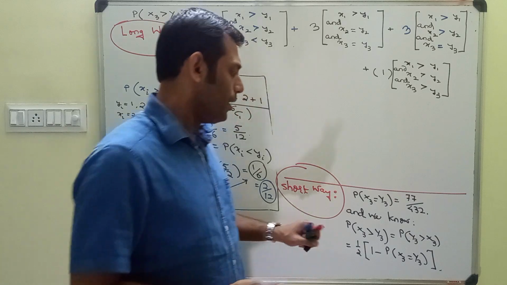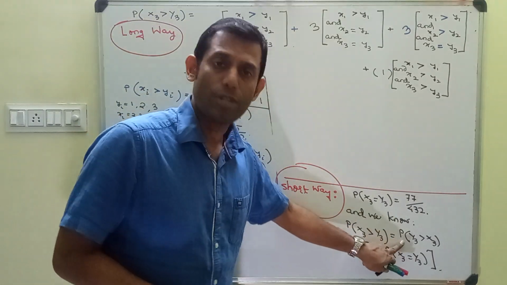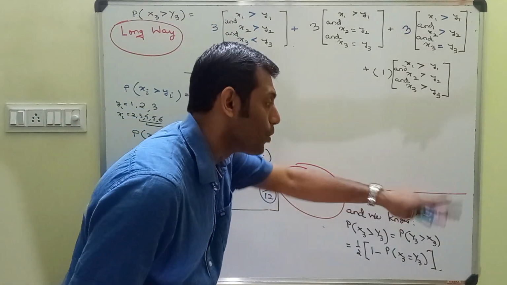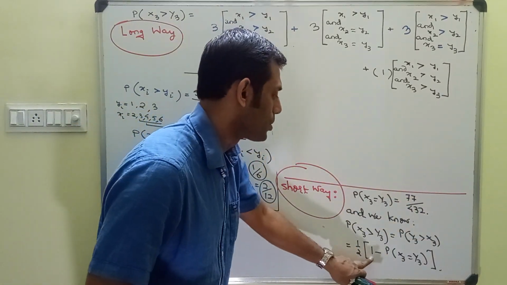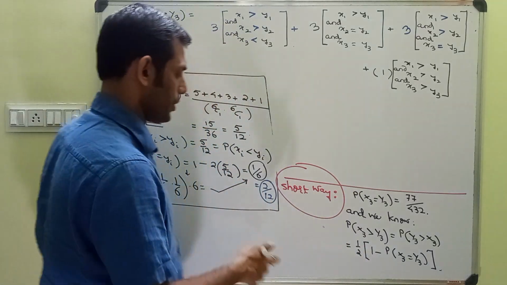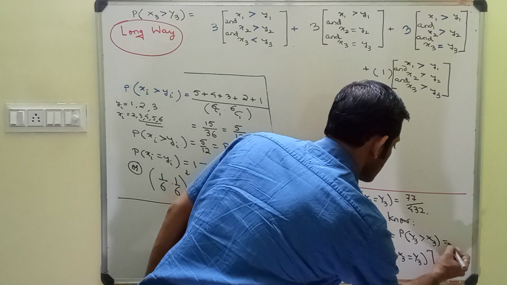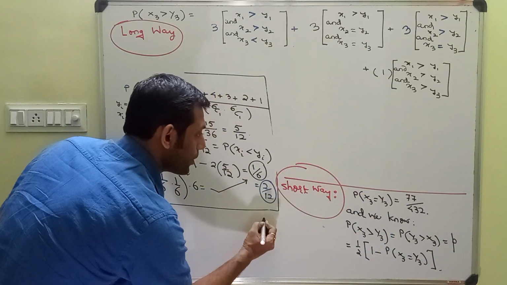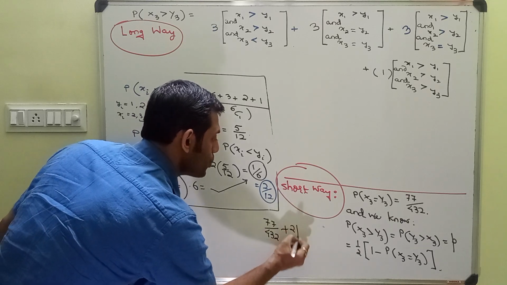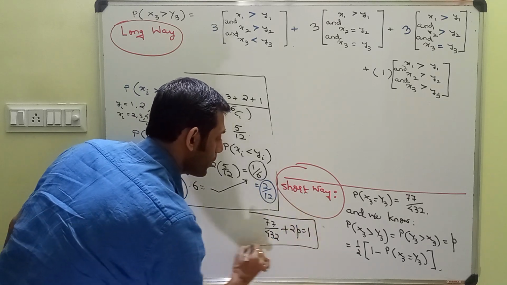So therefore, if I take these probability values as p, then this plus 2p equal to 1. I mean to say, if I say this is equal to some p, that means 77 by 432 plus 2p would be equal to 1.